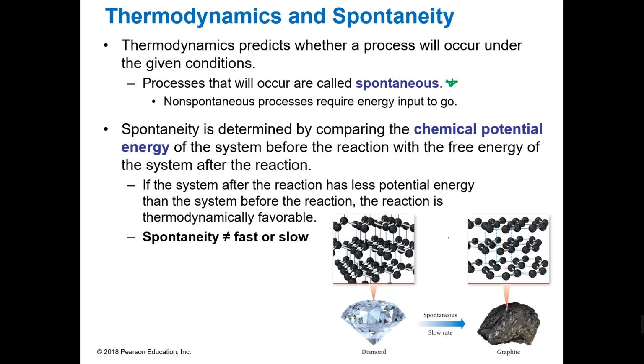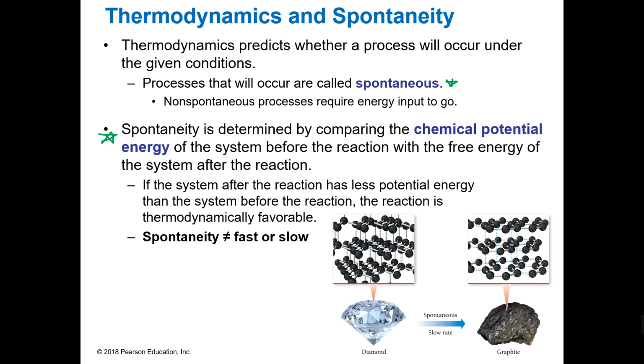The takeaway here is this: spontaneity is determined by comparing the chemical potential energy of the system before and after the reaction. What does that really mean? All that means is whether something will spontaneously occur, quickly or slowly, depends on the potential energy. Iron rusting is spontaneous.